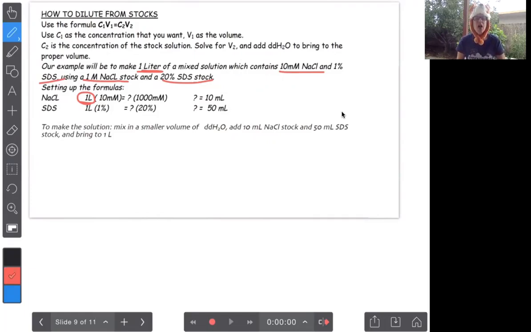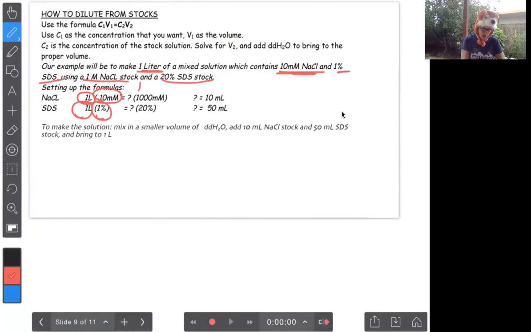So what we want to make is 1 liter of 10 millimolar sodium chloride, right? And we also want this same 1 liter to be 1% SDS. And we're starting with a 1 molar sodium chloride.